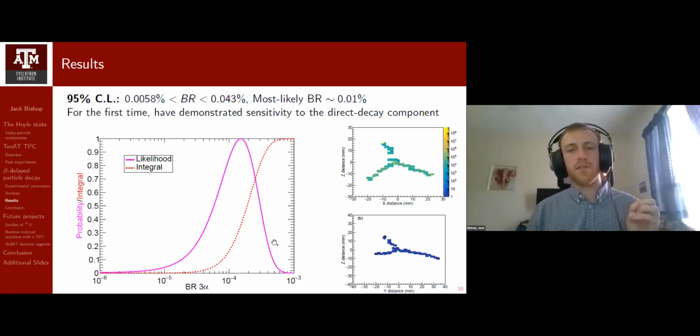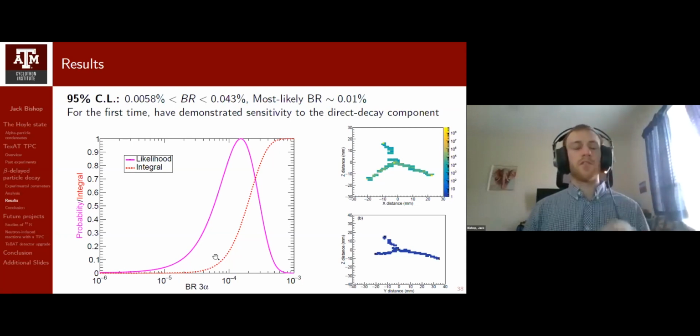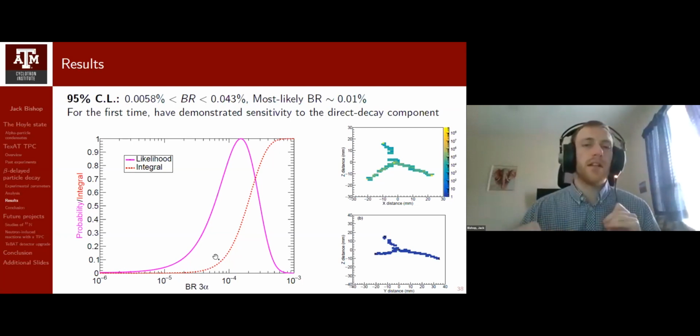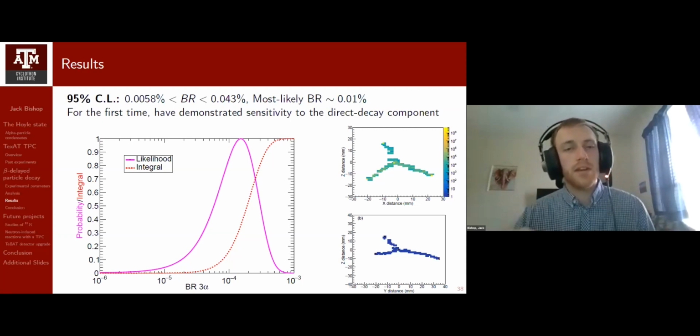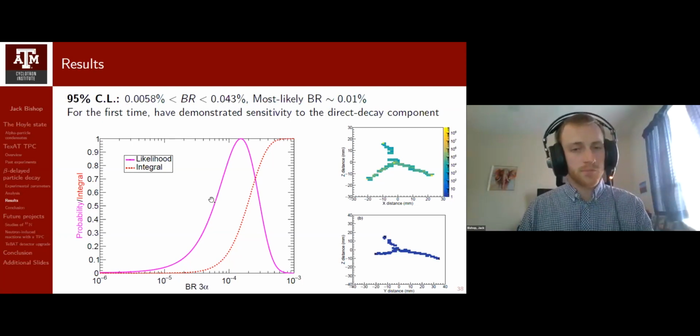What we can extract from this is our 95% confidence level limits. The way we do this is we just integrate across this probability likelihood function and look at where we reach 95% and 5% here. So with a 95% confidence level, we can say that the direct 3 alpha branching ratio is between 0.058% and 0.043%.